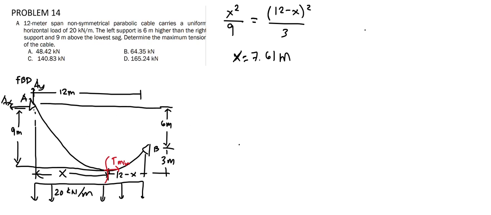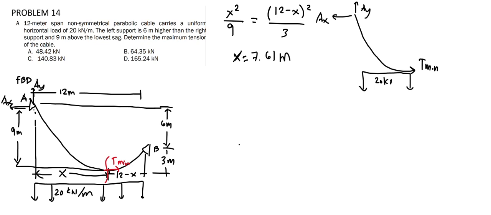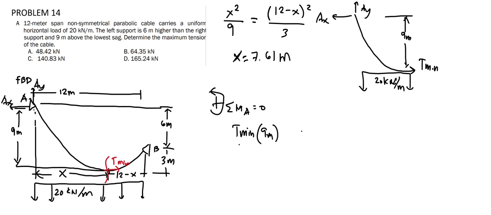So let's draw our free body diagram here for the left support and the minimum tension, that's T minimum. There's a horizontal uniformly distributed load of 20 kilonewton per meter. So taking moments at point A equal to 0, we have T minimum, assuming counterclockwise will be positive. This is T minimum times the moment arm distance of 9 meters. And for the uniformly distributed load, this is negative because it induces a clockwise moment.